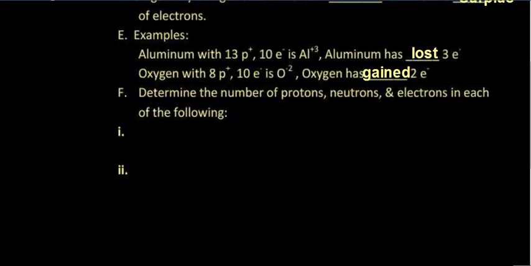So here are a couple of examples for you to try. The first one is nitrogen-15. I want you to find the number of protons, neutrons, and electrons. And do the same thing for iron.